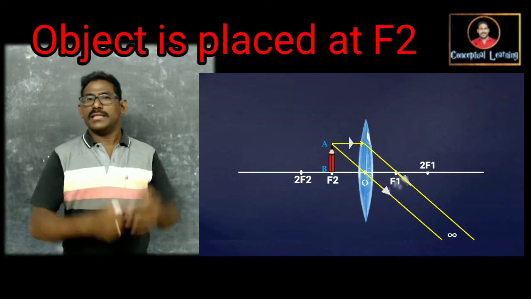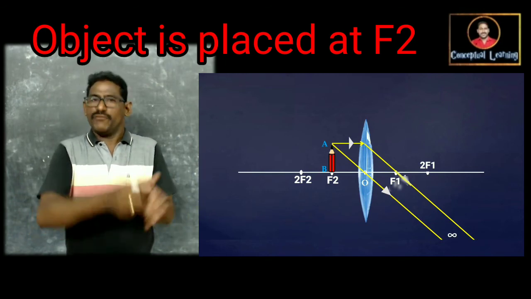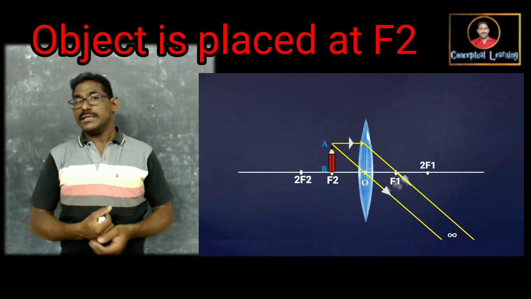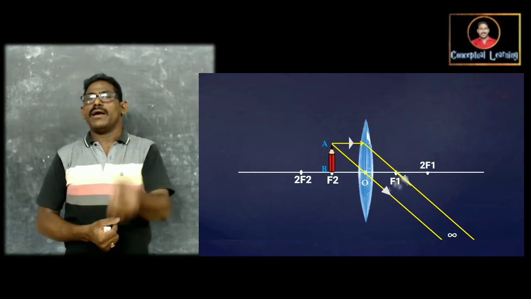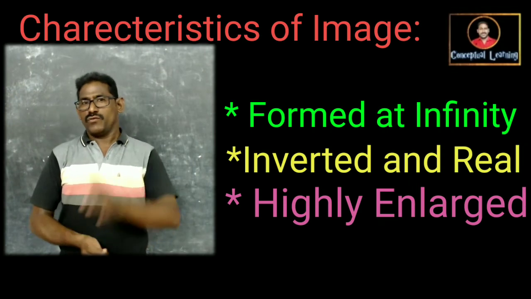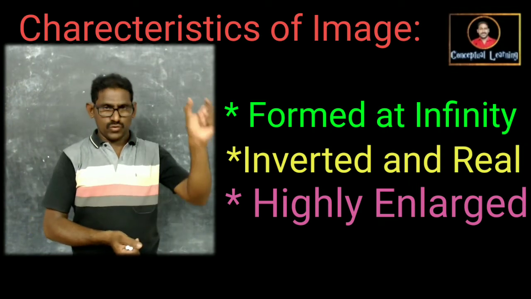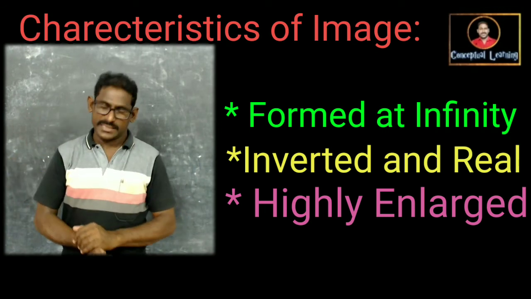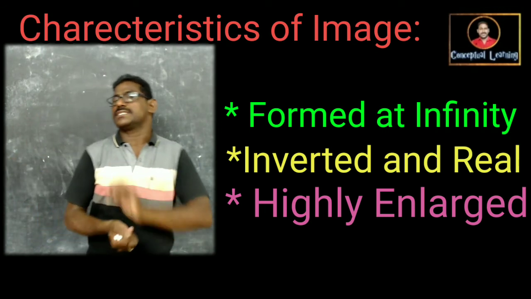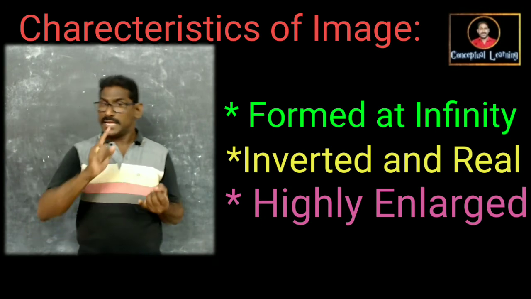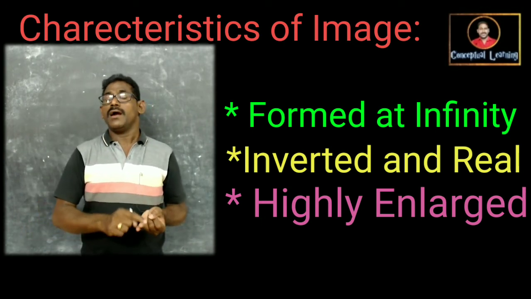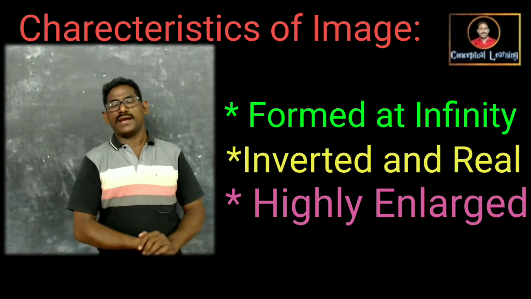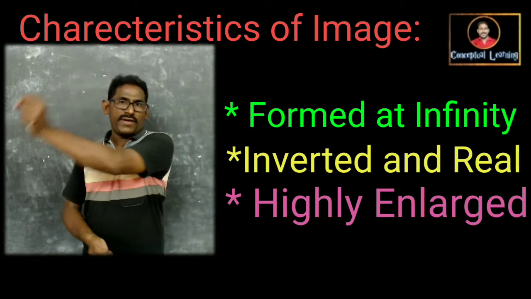That means they will not meet. If you produce them, they will meet at infinity. So the image is formed at an infinite distance on the other side. Now the characteristics of the image are: it is real, inverted and highly magnified, formed at an infinite distance.